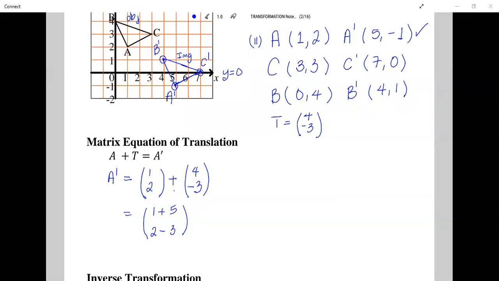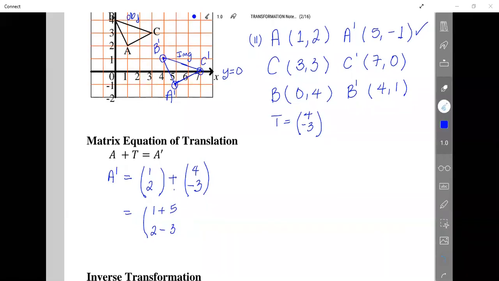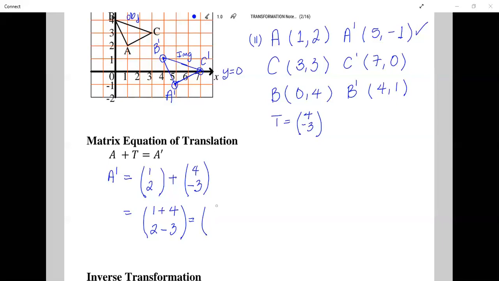Sorry, I'm going ahead of myself. It's supposed to be 1 plus 4 and 2 minus 3, which is going to give me 5. 2 minus 3 is minus 1. So this is saying that A prime is the point 5, minus 1.